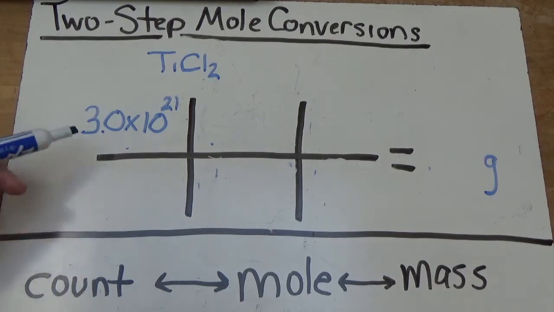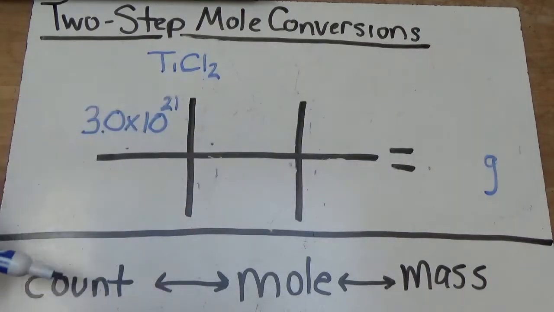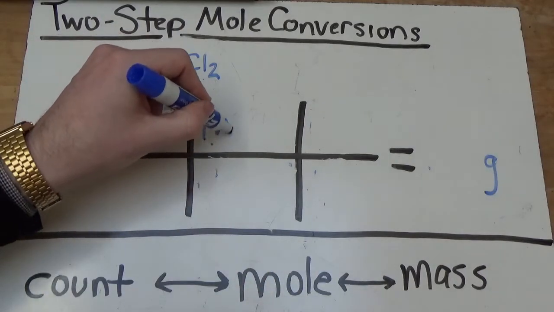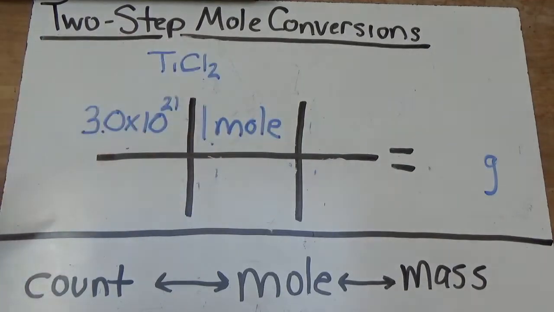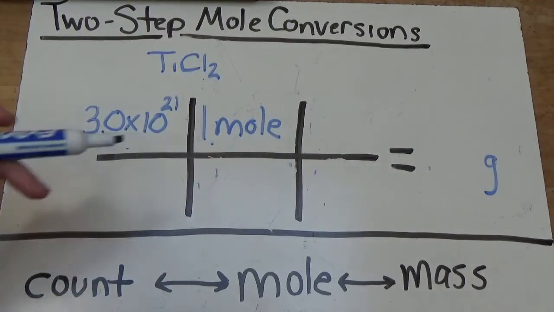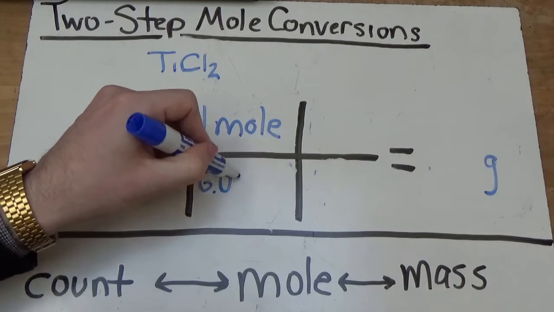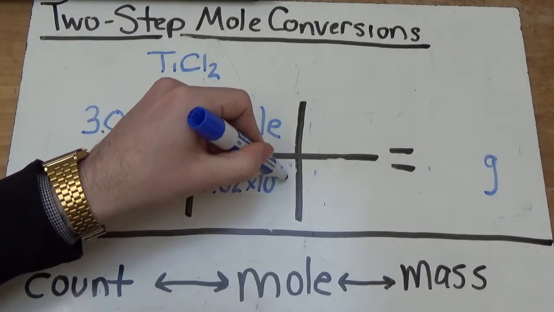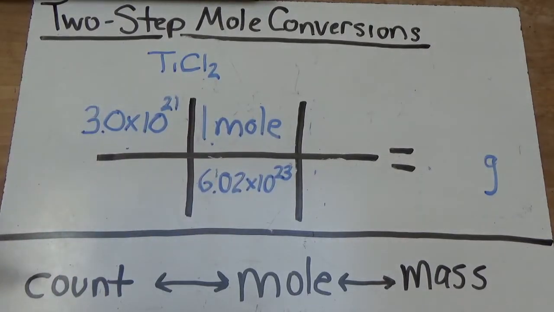So, I need to cancel my number of units, my number of objects, and I need to get to mass. In order to do that, just like in the last problem, I'm going to have to go through moles. One mole contains 6.02 times 10 to the 23rd objects, and now my number of objects is canceled.